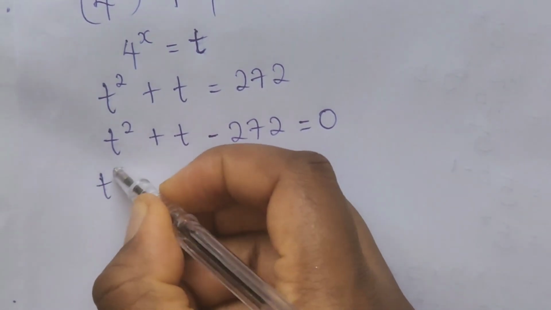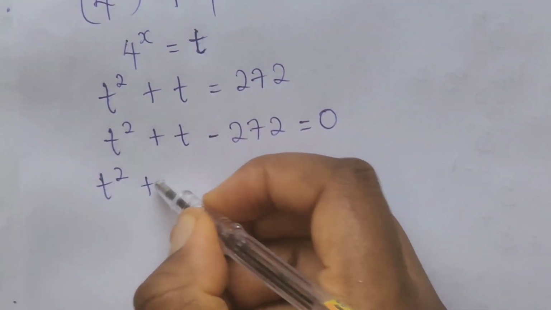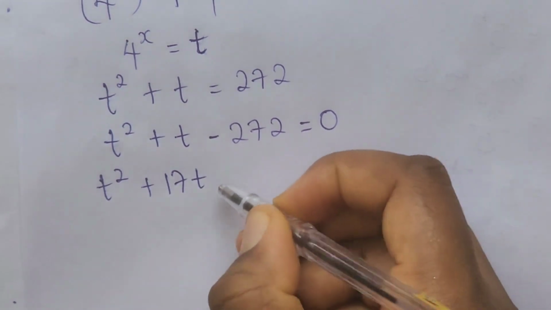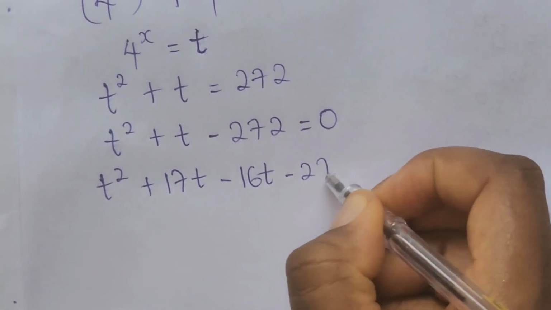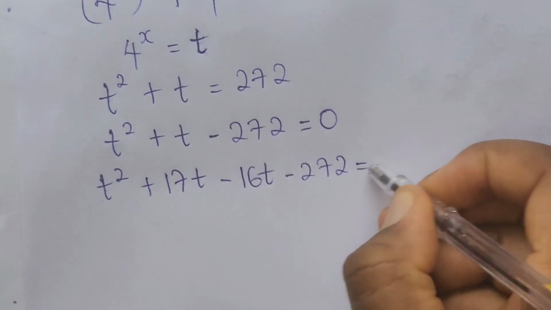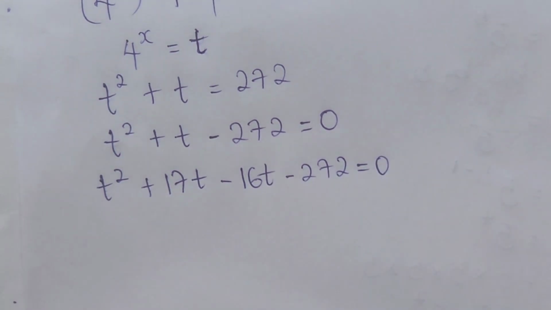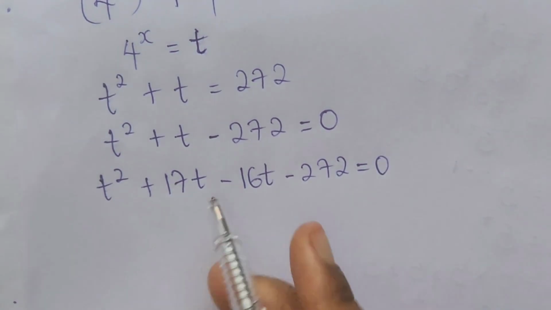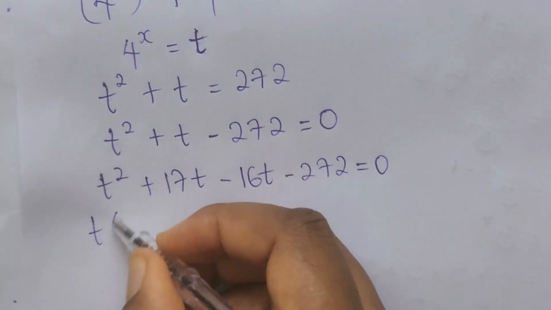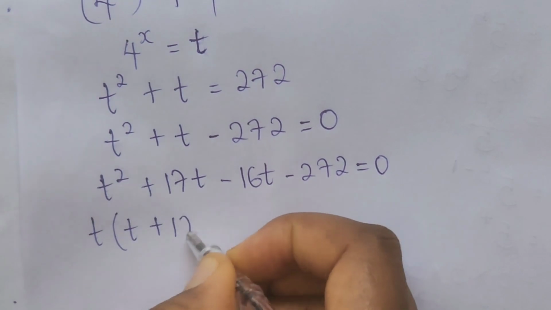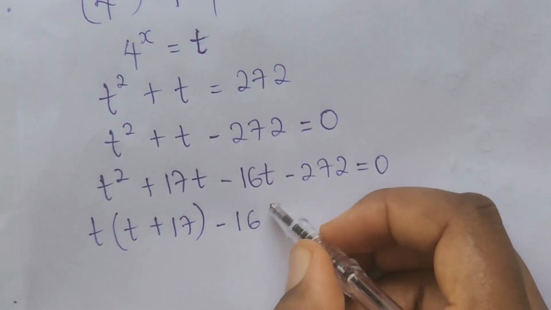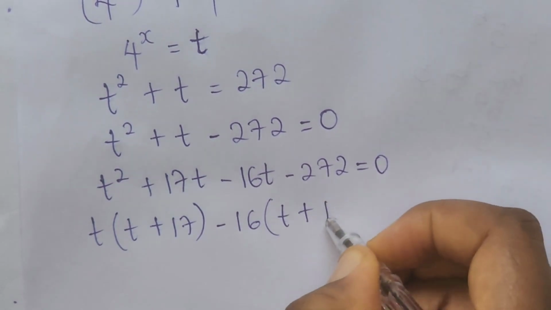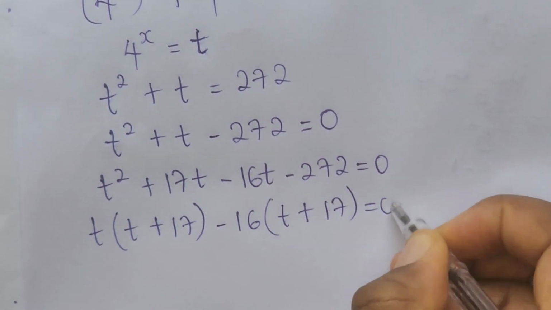squared plus 17t minus 16t minus 272 is equal to 0. So when we factor out the t from here, we have t plus 17, and we have minus 16 times t plus 17, equal to 0.